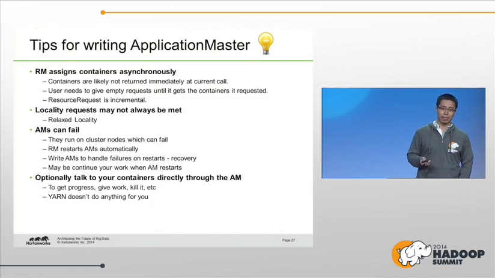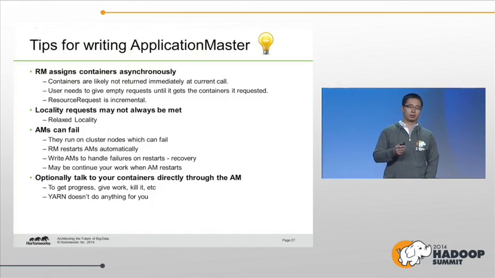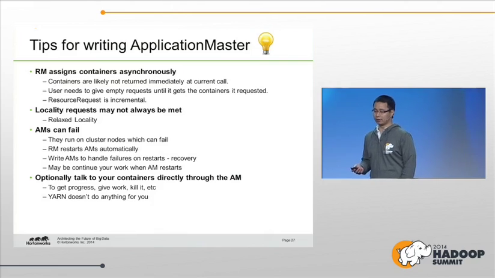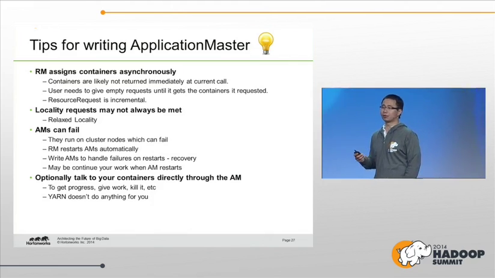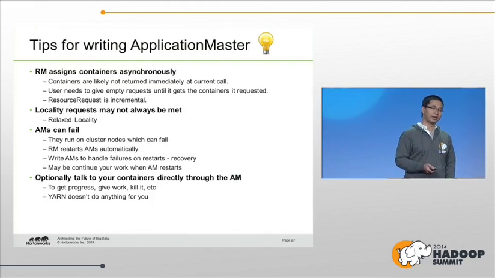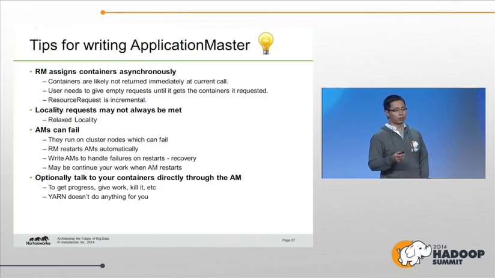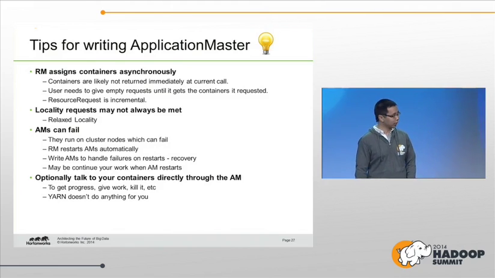But one thing you can do here is to implement your own recovery mechanism within your application master. For example, you can have the checkpoint. With this mechanism, when your application master gets restarted, you don't need to redo all the work from the very beginning. Instead, you can just continue your work from the last checkpoint before the failure.